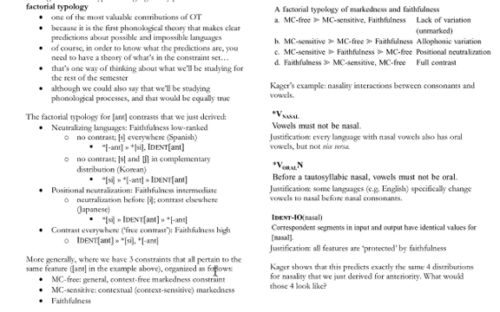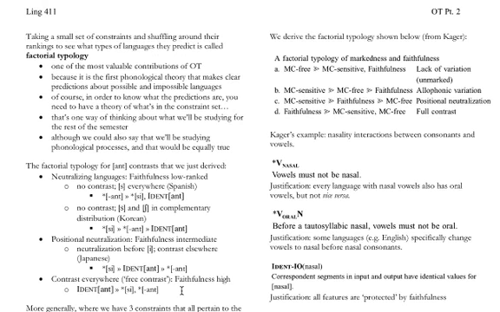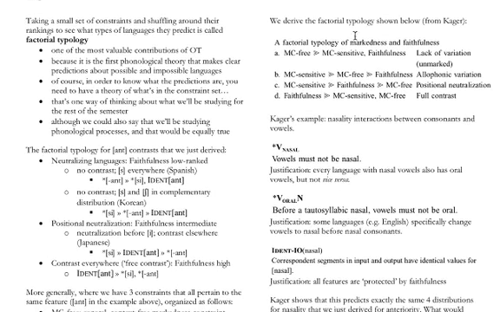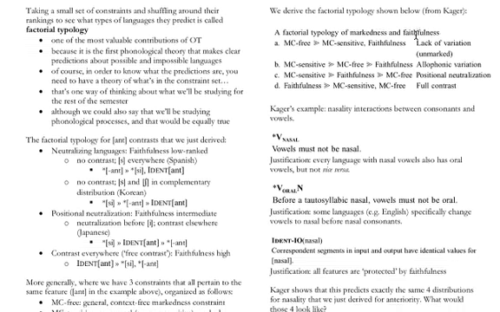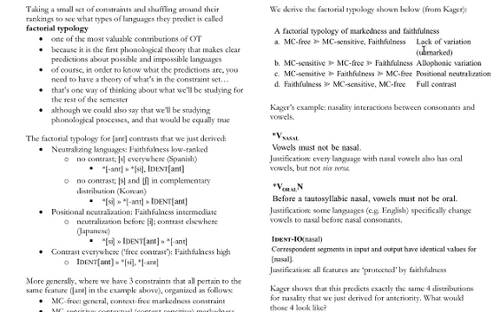When they're organized as follows, markedness context-free, which is the general context-free markedness constraint, markedness context-sensitive, which is the contextual or positional or context-sensitive markedness constraint, and faithfulness, where we have these three kinds of constraints governing a single feature, we derive exactly the factorial typology shown here, which is the one we just did.